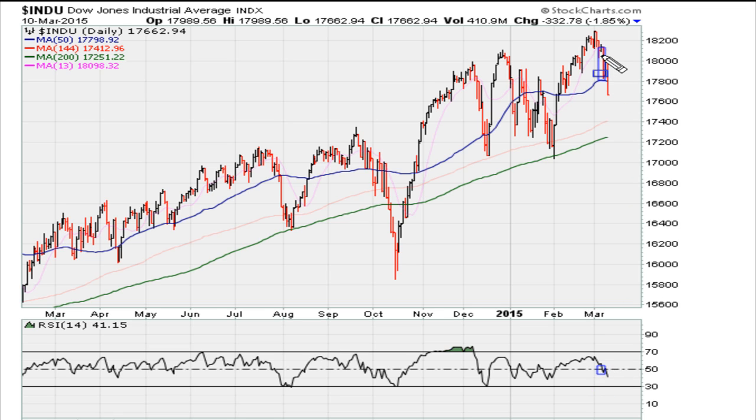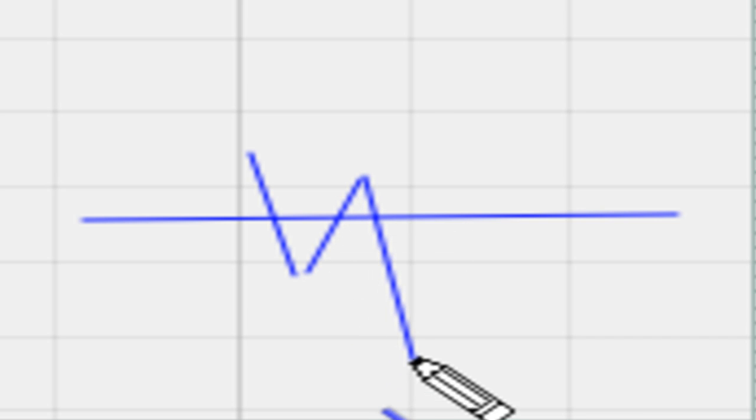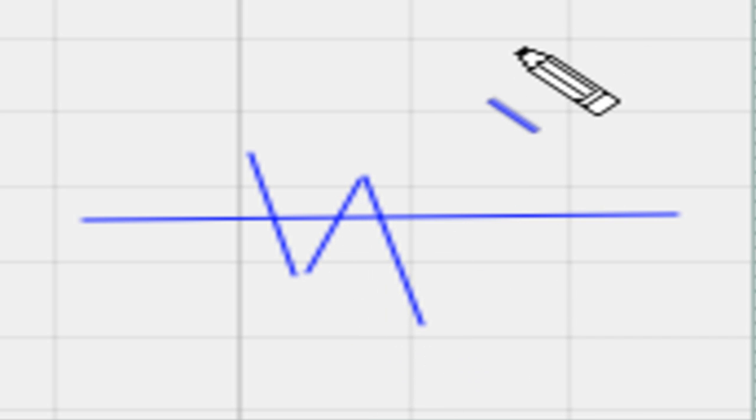We saw the Dow jump up for a big relative size day when it moved back above 50, and then yesterday we see the Dow plunge 300 points here because it moved back below the 50. So the 50 level has seen the Dow move below it for a big down day, back above it the next day for a big up day, and yesterday down below that 50 level for a big down day.